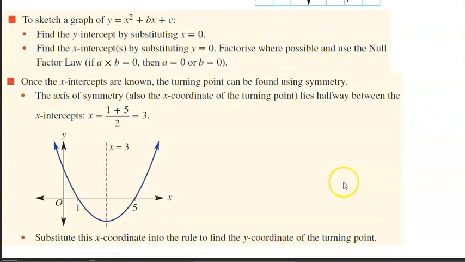So to sketch the graph of y equals x squared plus bx plus c, we're not dealing with an a x squared, not necessarily a coefficient in front of the x squared for now anyway. The first step is to find the y-intercept. Remember, the y-intercept is the part of the parabola that hits the y-axis.